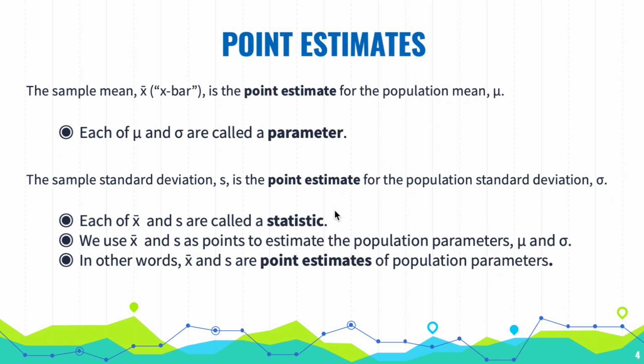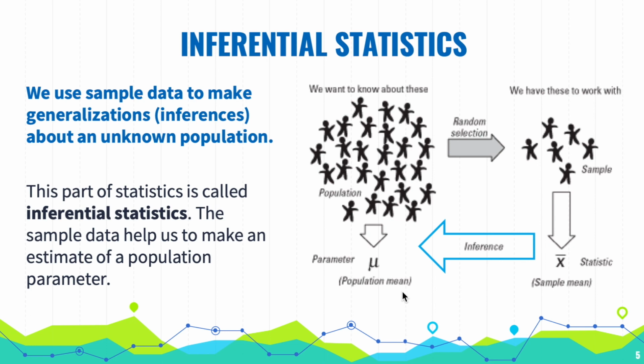So each of x bar and s are called statistics. Remember, statistics describe samples. We use x bar and s as points to estimate the population parameters, mu and sigma, the standard deviation of the population. In other words, they are point estimates of population parameters. These point estimates are important in inferential statistics, right? We use our sample data to make generalizations or inferences about an unknown population.